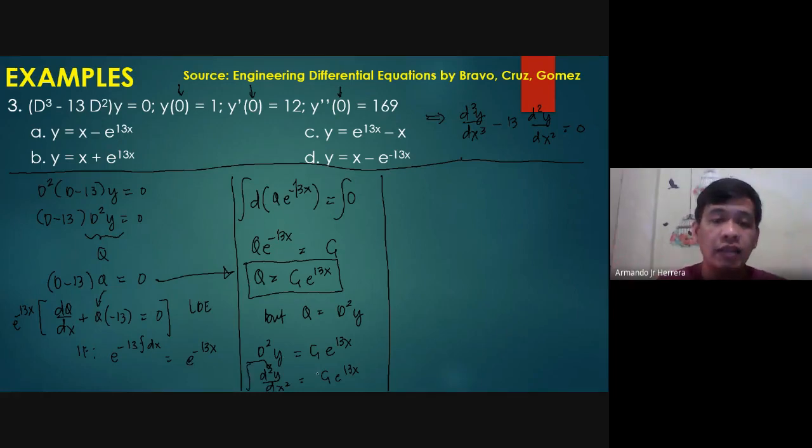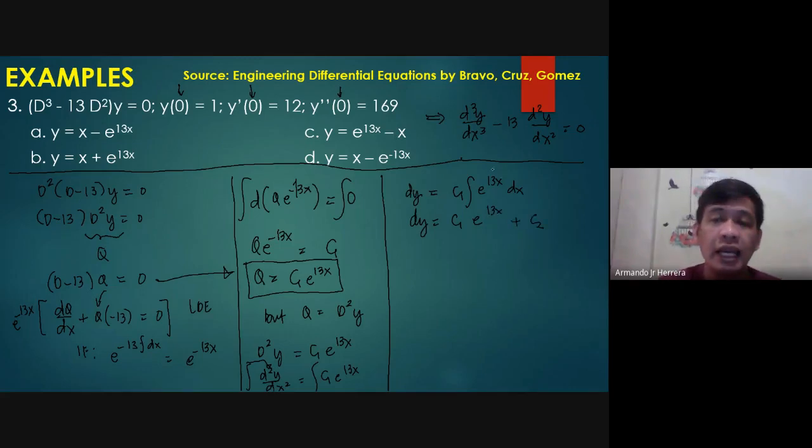So integrating with respect to x, that's dy equals c1 integral of e to the 13x dx. Since when we integrate once, the second order is removed and we are left with a first order differential equation. So this gives us dy equals c1 e to the 13x plus c2.